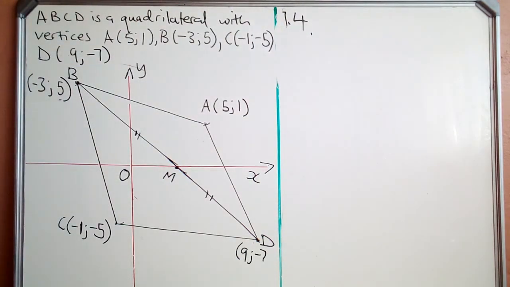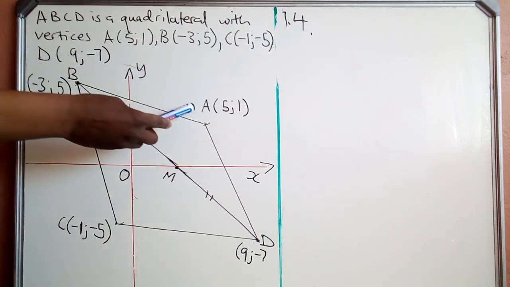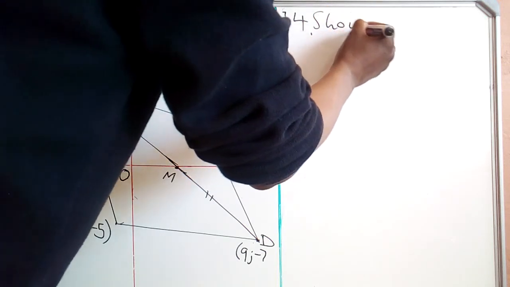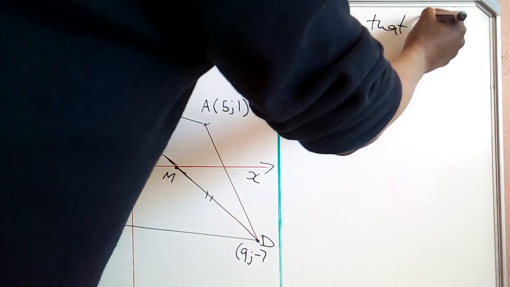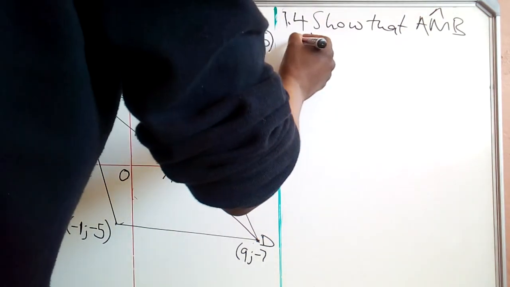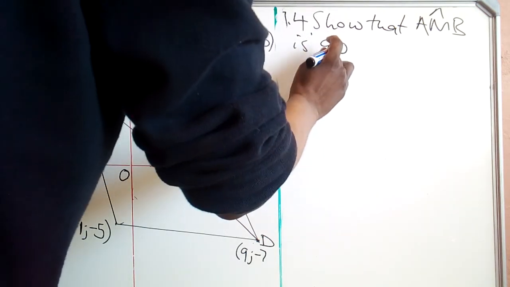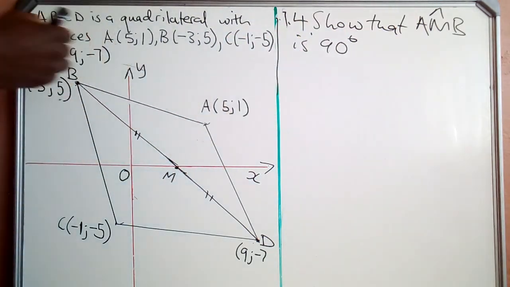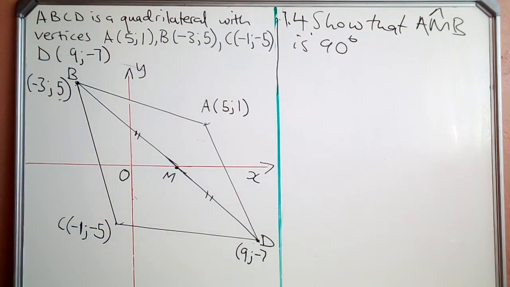Question 1.4 reads as follows: show that angle AMB is equal to 90 degrees. Show that AMB is 90 degrees.